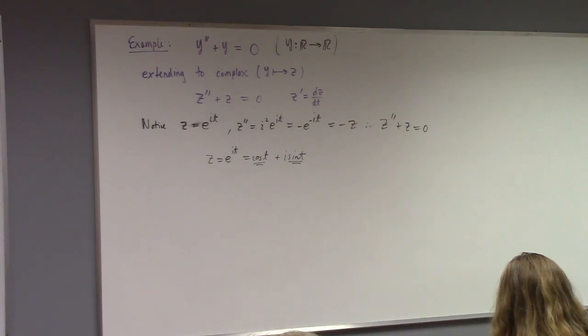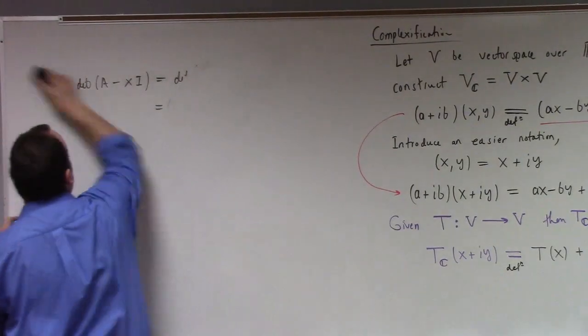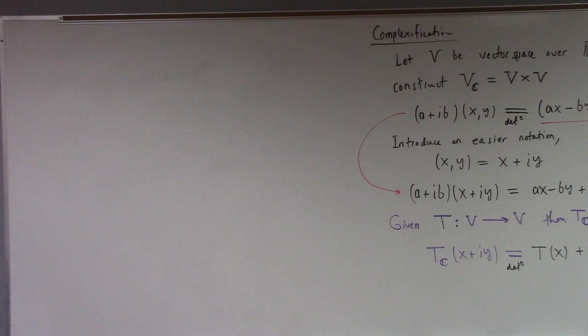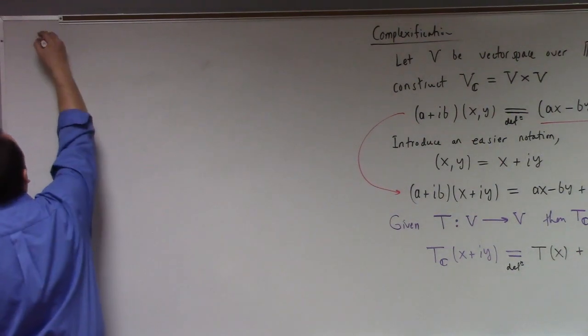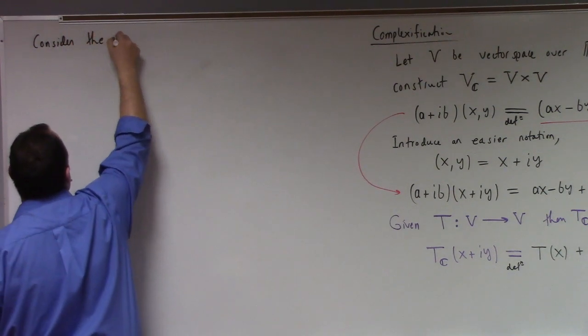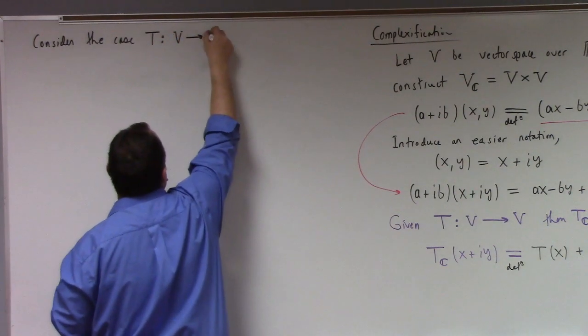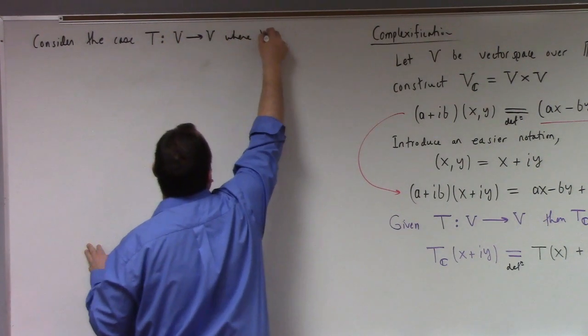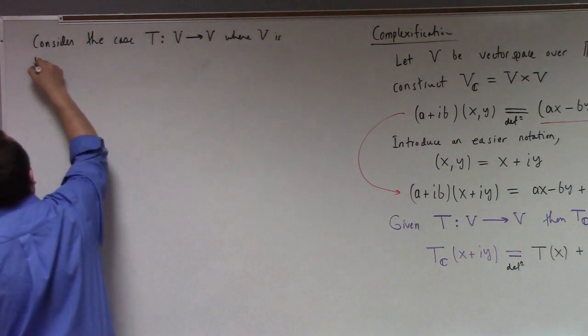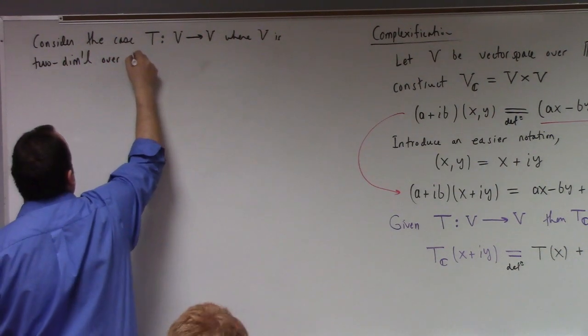Okay, so let us study this problem then. We'll start with a 2-by-2 case. So consider the case that T is a linear transformation from V to V, where V is two-dimensional over R, right?